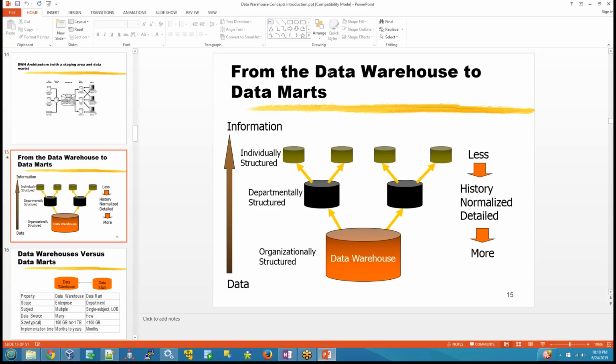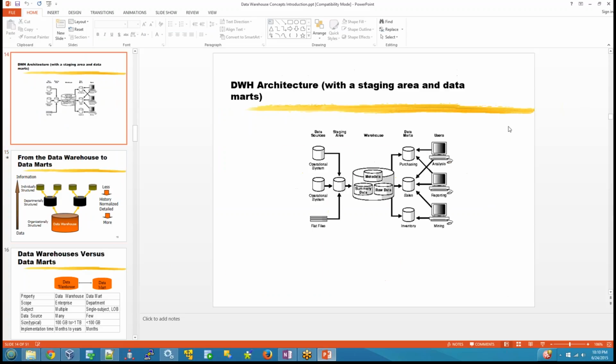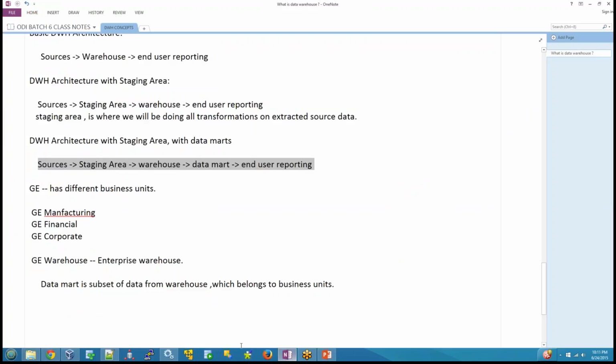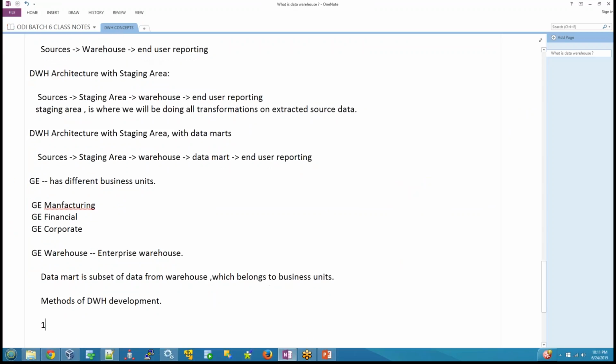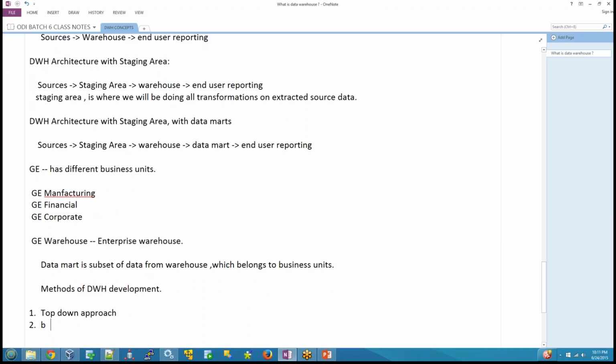Now here, from the data warehouse to data mart, we have already seen this. From this warehouse, the data will be loaded into these data marts. Now, data warehouses can be developed in two ways. Two methods of data warehouse development: one is the top-down approach and the other is the bottom-up approach.